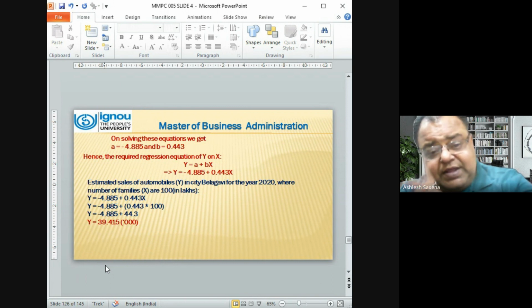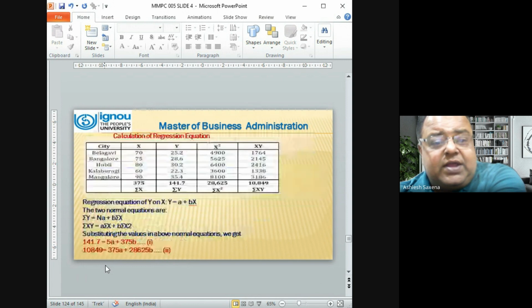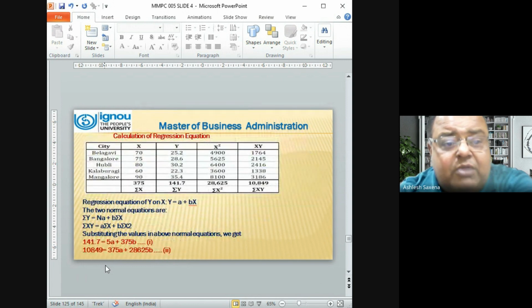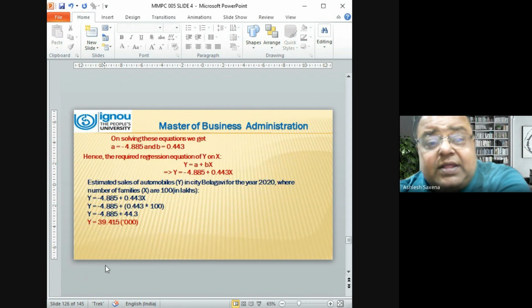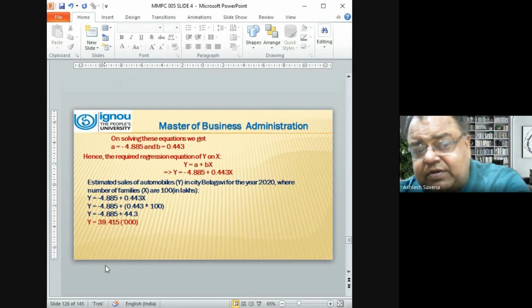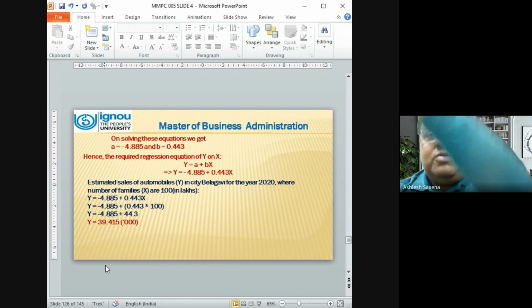Now we will see whether our solution is correct or not. We are talking about Belagavi. When you had 70 families, you got 25.2. Now you have 100 families and you get 39.415. That means this is a positive correlation. As families increase, your volume of sales increases.